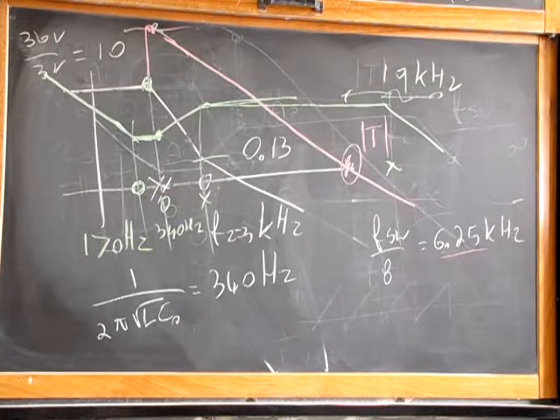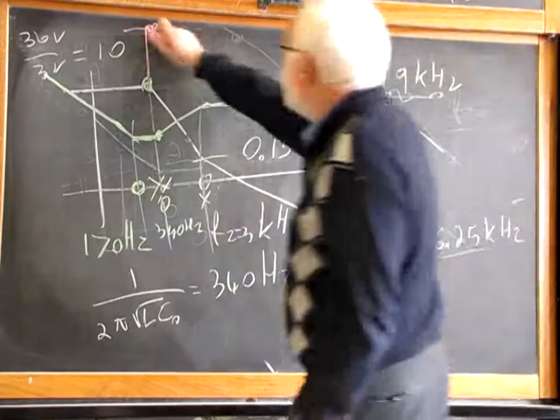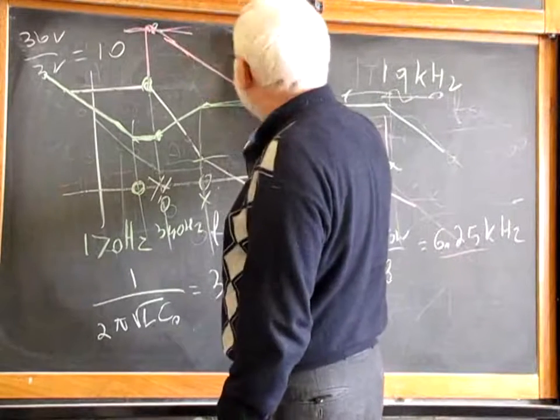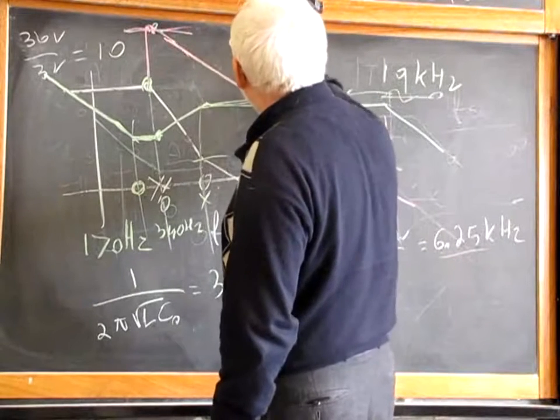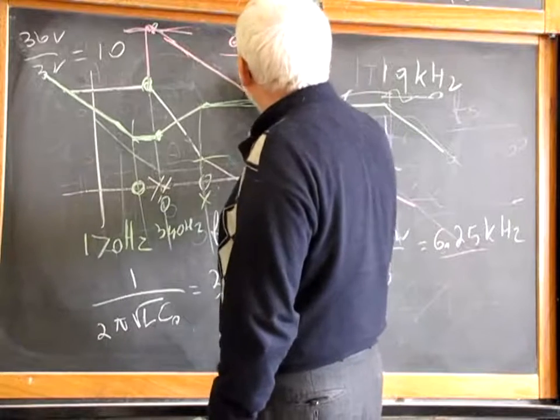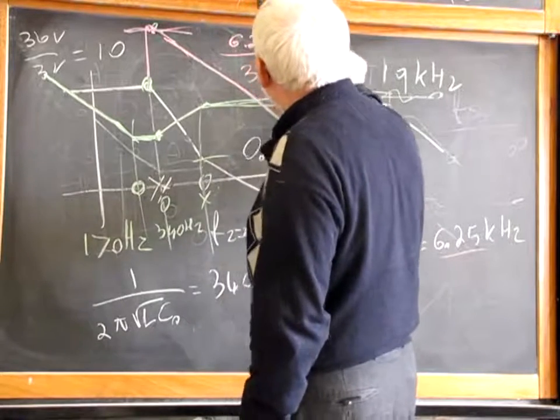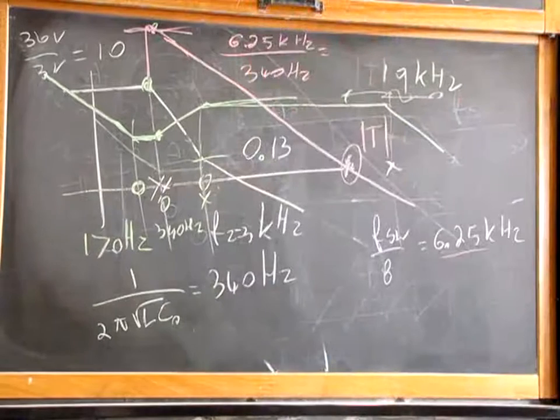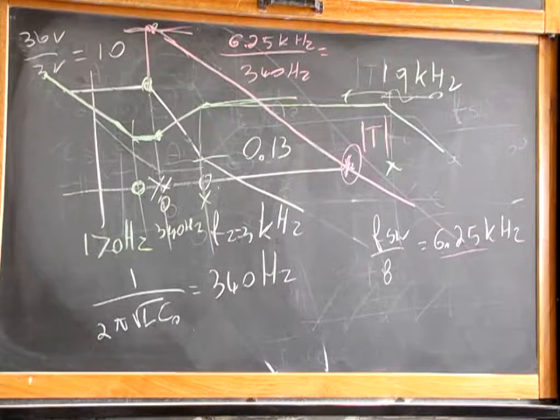My low frequency is 340 hertz. And so the gain I need over here is 6.25 kilohertz divided by 340 hertz, that is 18.4.